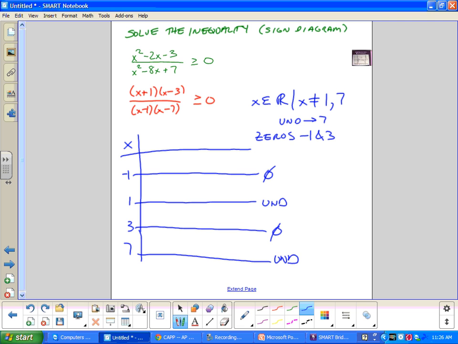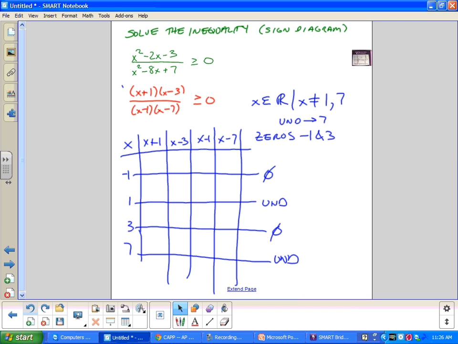I make this box because the 4 lines I just did have no sign value, but we want to know what's going on in between. So we have 4 factors in our red here. The question is what sign each of those factors is. So I have x plus 1, x minus 3, x minus 1, x minus 7.